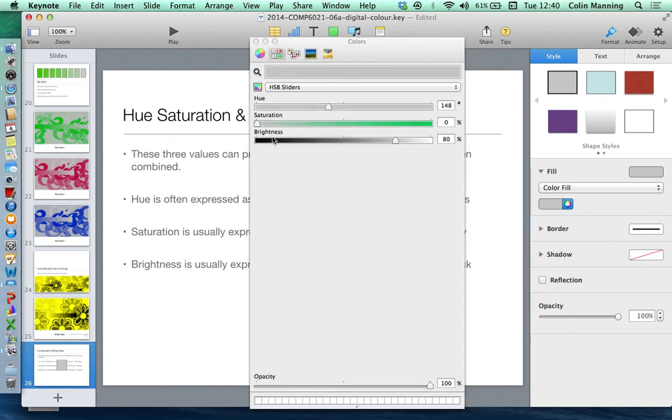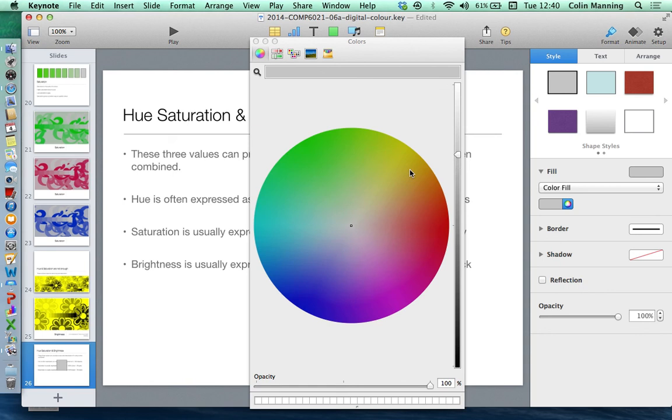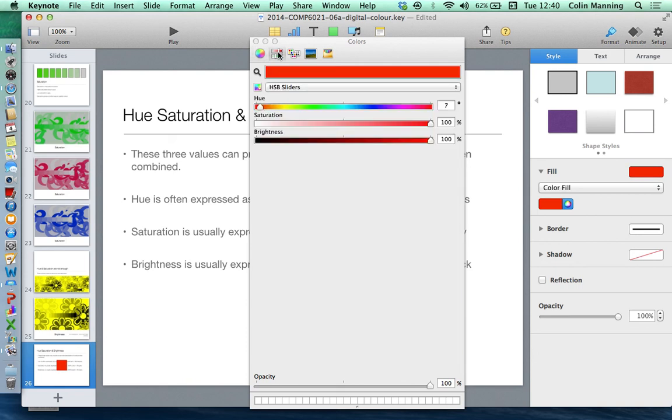What I'm going to do is show you the wheel first. So here's the wheel, and I think this is the starting point, and it goes around like this. So this would be a few degrees. It doesn't actually show us the values there now. So that's 7 degrees, okay?